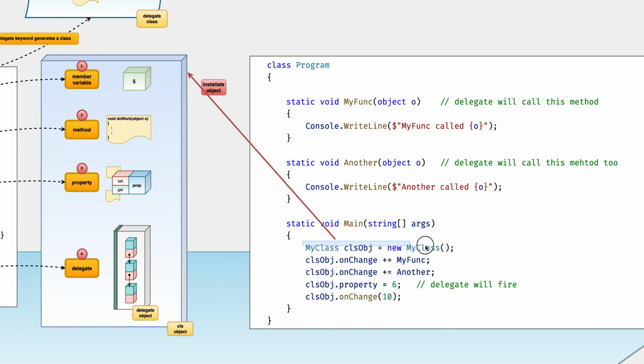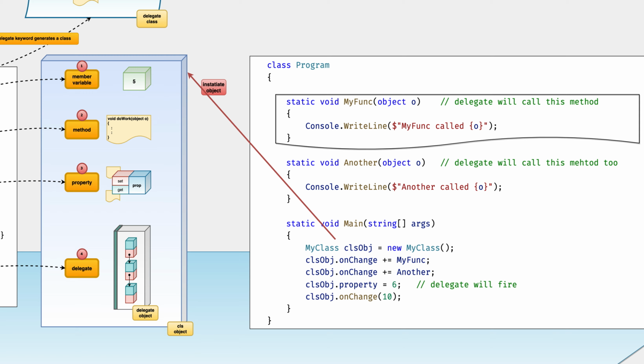After instantiating this object, which now has a delegate inside, we are asking that object to add our function into the delegate. So here is our function, MyFunction, and we are saying add this function into the delegate. So a reference of this function is added inside this list in one of the nodes.